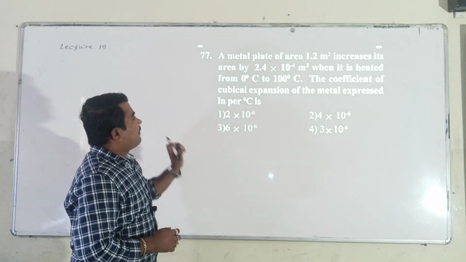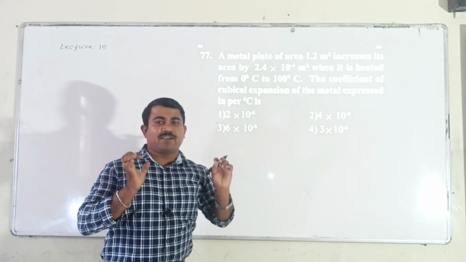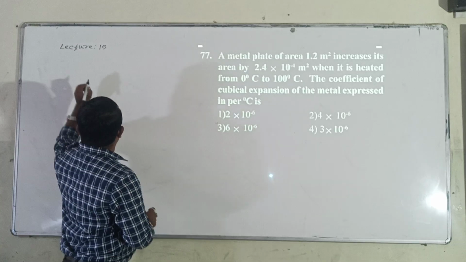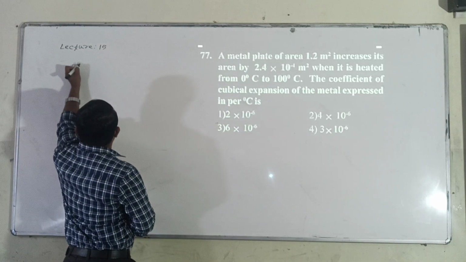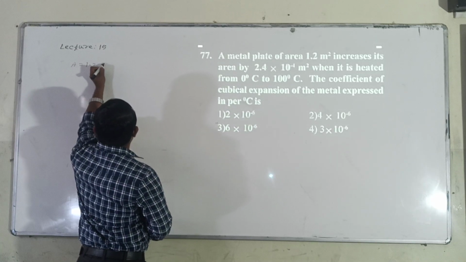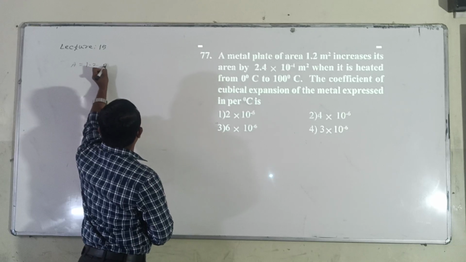See here, a metal plate of initial area is given. What is the initial area? A is given as 1.2 meter square.